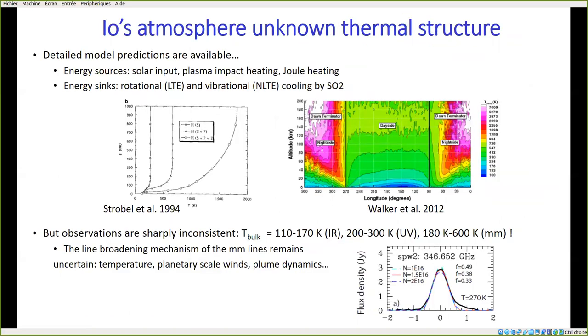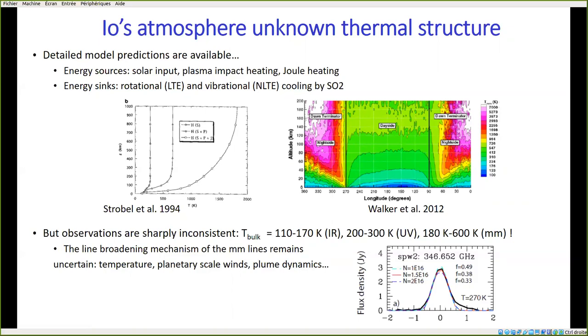From an observational point of view, the other major remaining unknowns regarding Io's atmosphere are the vertical temperature structure and the atmospheric dynamics, although in both cases there are detailed model predictions, from both one-dimensional and three-dimensional models. The sources of heat for Io's atmosphere are solar input, plasma heating, and Joule heating, and the heat sinks are radiation from SO2, both in vibrational bands and rotational bands.